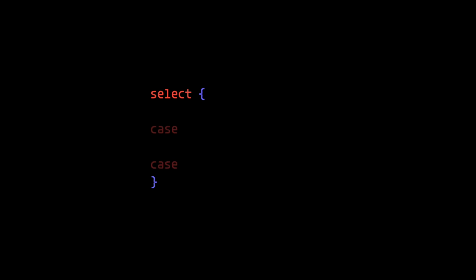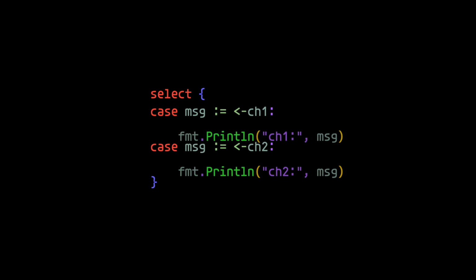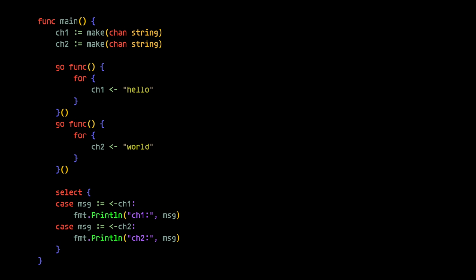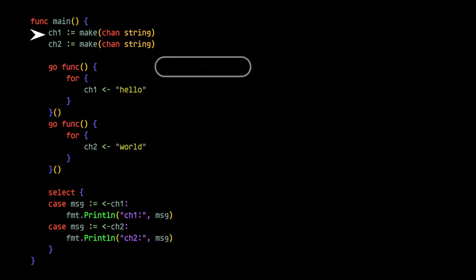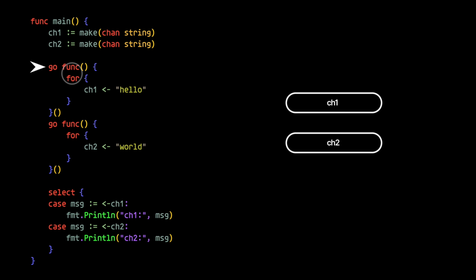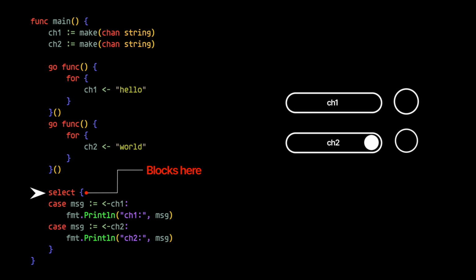Given two cases where in each case we're receiving a message from a separate channel, the select statement will block until it receives a message from one of these channels. But in this current code, only the code from the case that finishes first will be executed.